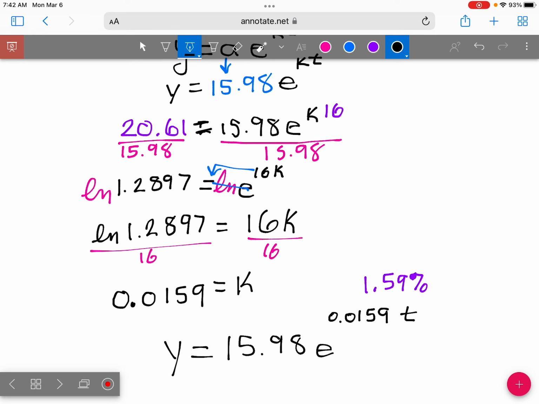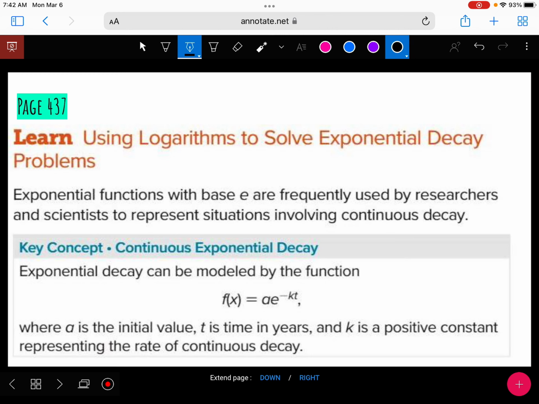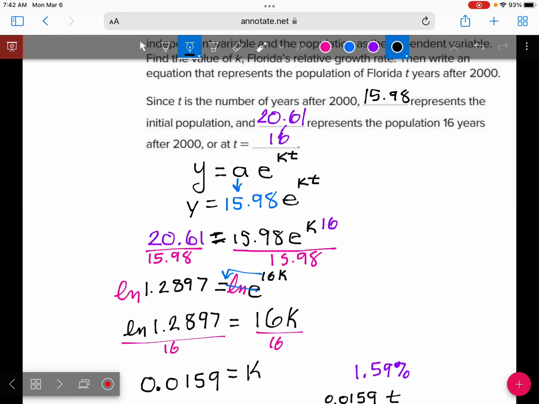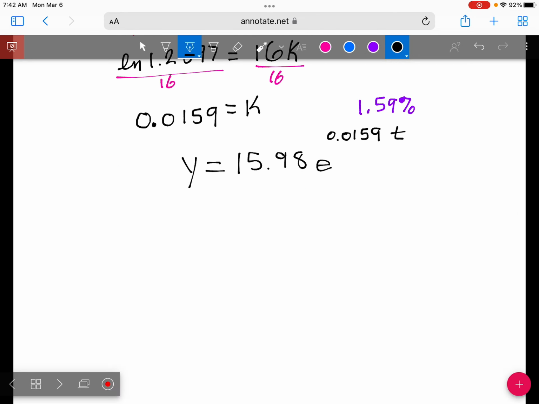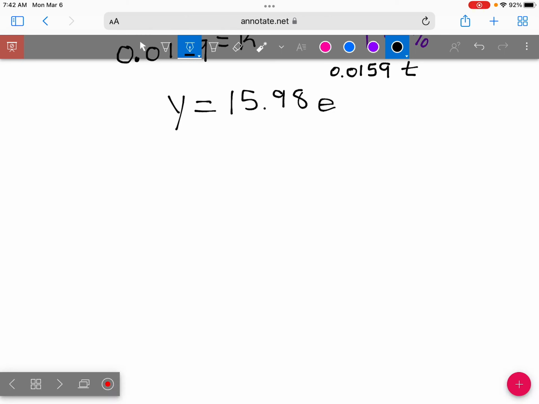Because part B is that we're asked to predict when. I want to know at what time. Do I have a page? I don't have a page for that. It's okay. We're just going to check it on the bottom. So the bottom part, it says part B down here at the bottom, is at what time will the population reach 25 million people?